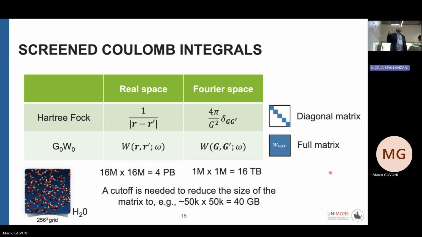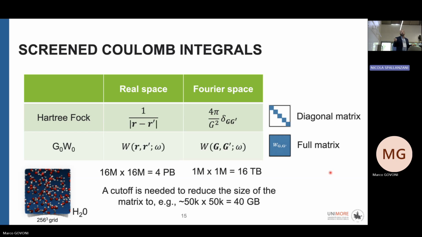So a cutoff is needed to reduce the size of the matrix, because we cannot really play with these matrices. So typically a physical approximation is introduced, and one says that the system only screens low energy perturbations. And so you order the plane waves according to the kinetic energy, starting with the low kinetic energy and going to high kinetic energy, and then you take just the first chunk of the matrix, the one that corresponds to implementing a cutoff for the response function.